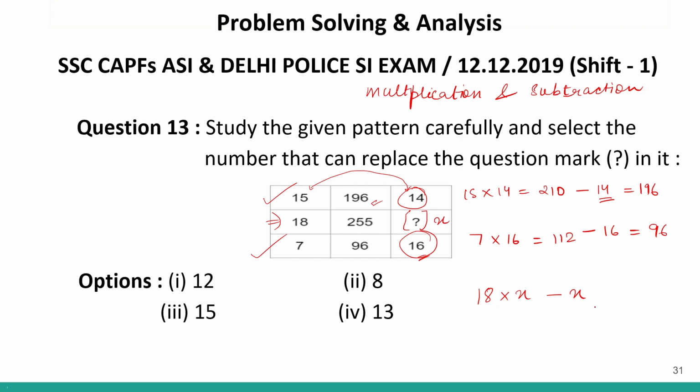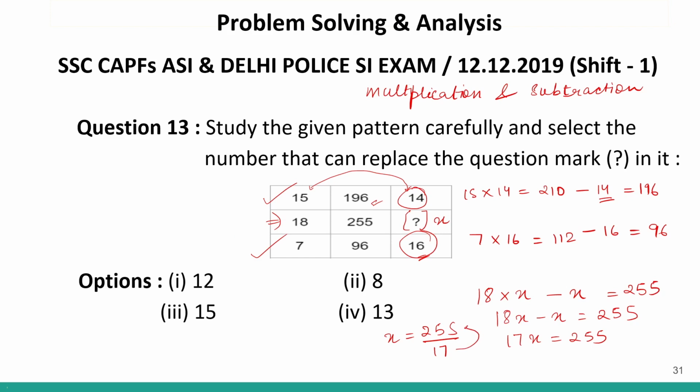So, 18 into x minus x will give me 255. So, 18x minus x will be 17x, which will give me 255. Correct? So, the value of x will be 255 divided by 17.